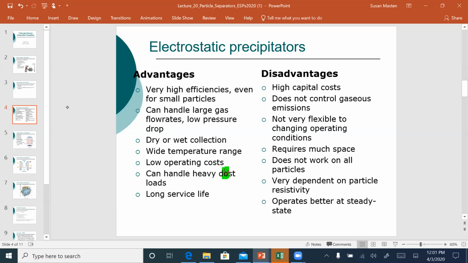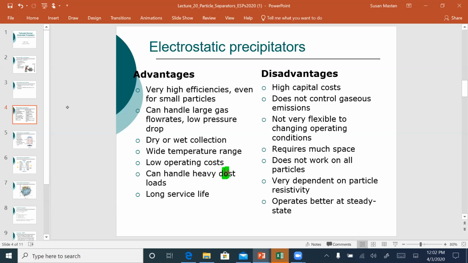And they actually had to add other chemicals to try and change the properties of that fly ash so that they could again achieve good removal. And it's basically a change in resistivity. It depends on the electrical resistance of that particle; if it is either very high or very low, you tend to get poor removal. So changing the coal actually resulted in a change in the resistivity of these particles, and then they didn't get the removal.